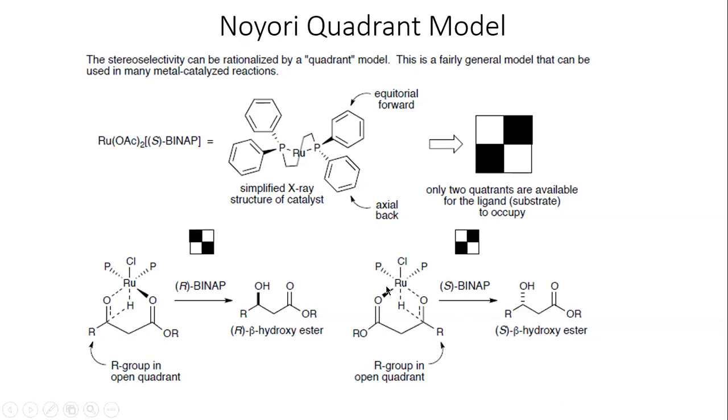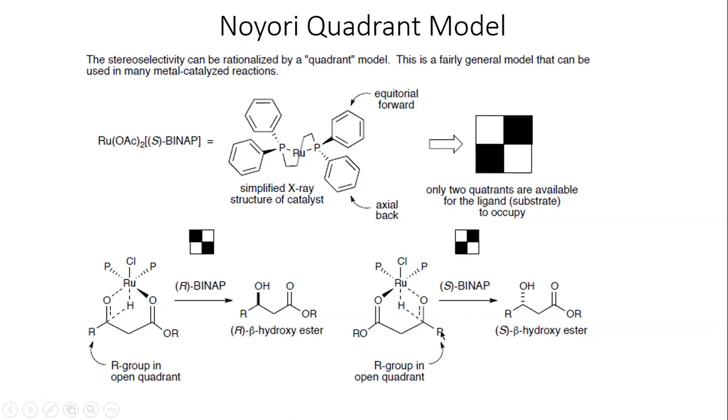So here, this is one model where, if you're reacting with S binap, notice the R group here is in that bottom right quadrant, so it's in the open quadrant. And then this is how the hydrogenation takes place, and that's how your ligand creates the cavity or the architecture around the metal to control where the hydride is coming from, right?